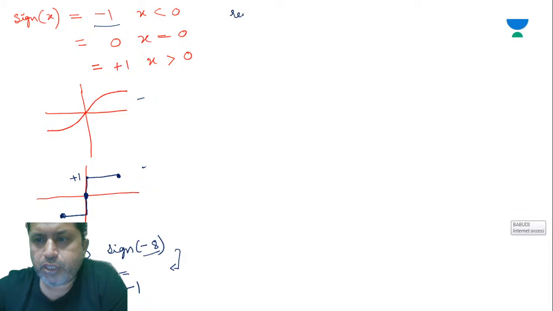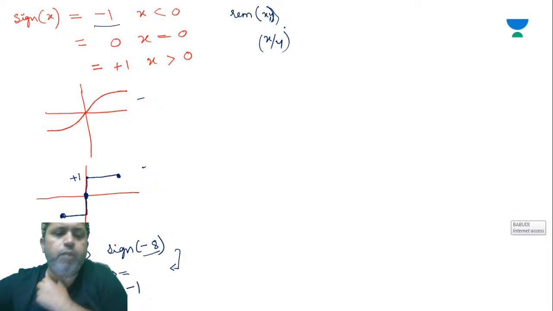We have seen the remainder function. Remainder x comma y: x divided by y, whatever is the remainder, numerator comma denominator.